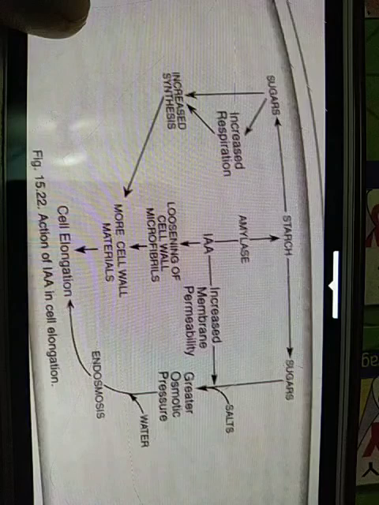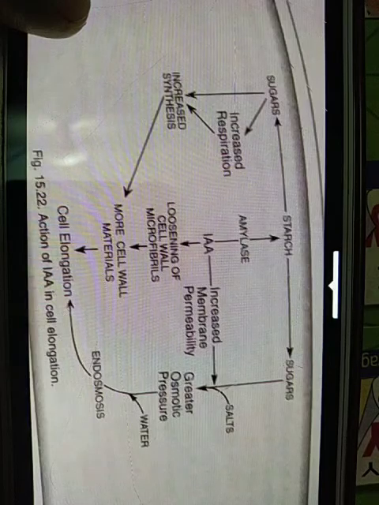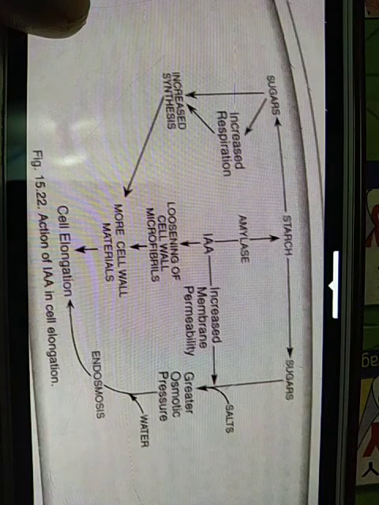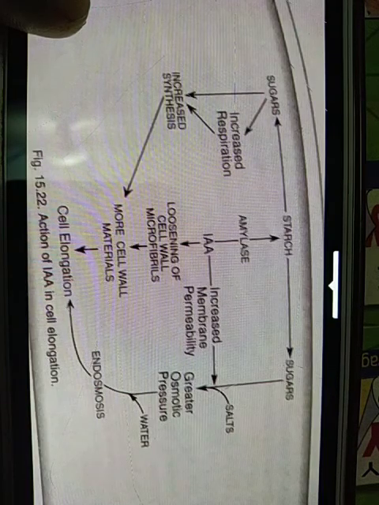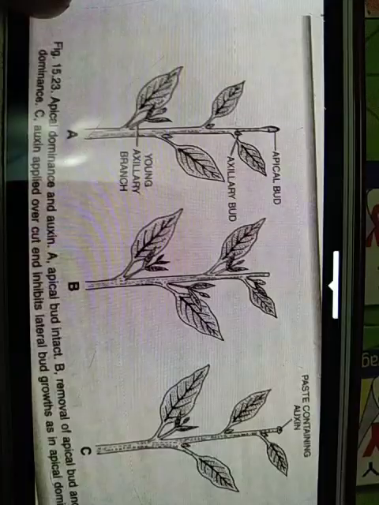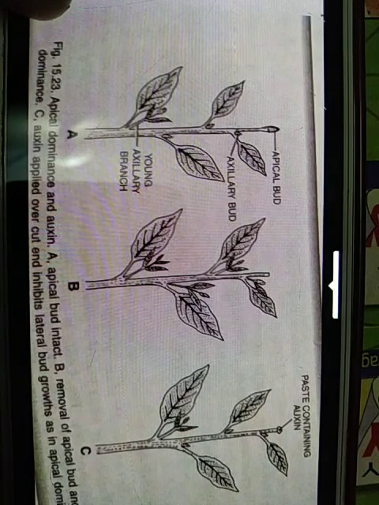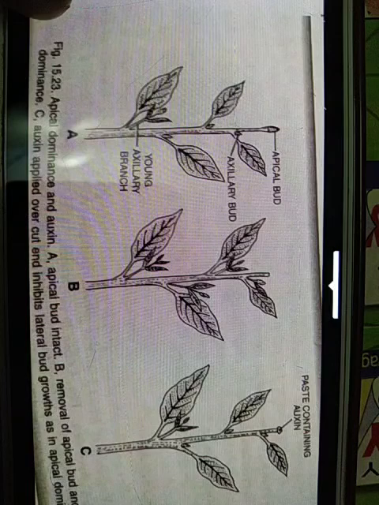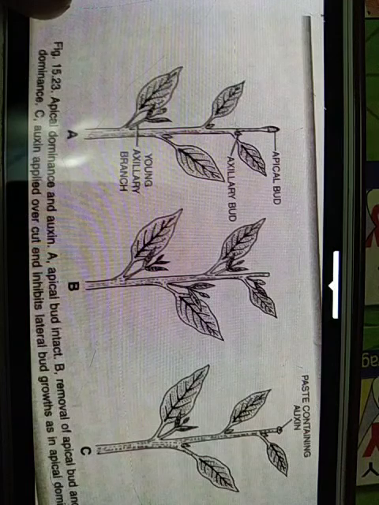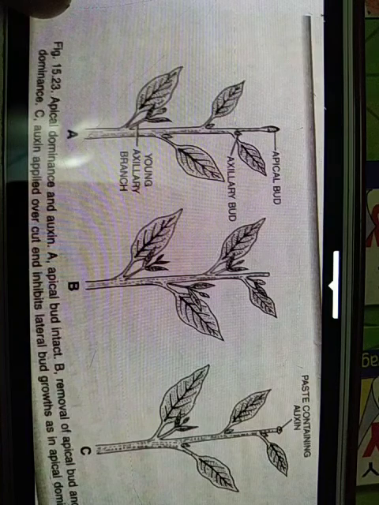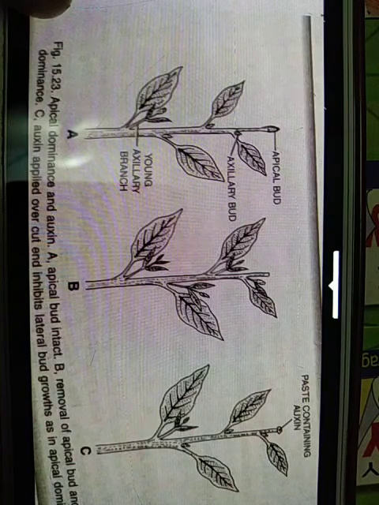Apical dominance. Apical dominance is the phenomenon by which the presence of the apical bud does not allow the nearby lateral buds to grow. When the apical bud is removed, the lateral buds sprout. This produces dense bushy growth. The phenomenon is widely used in tea picking and hedge making.